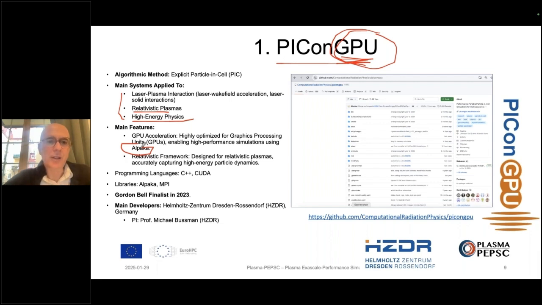It also uses extremely accurate schemes in the numerical parts. It is written in C++, but the main porting layer for the GPU, CPU, and all the new computer architectures is done using Alpaka.